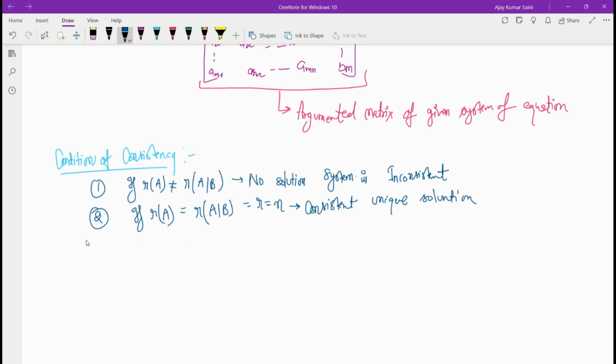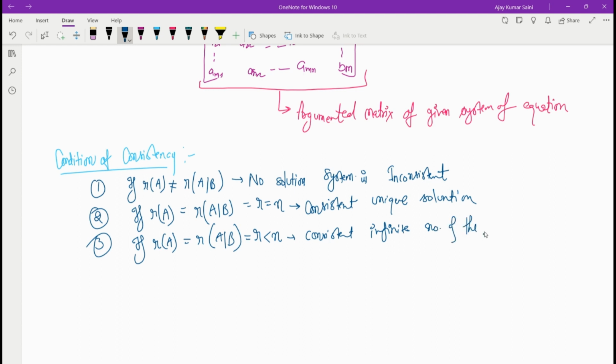And the last point of this topic: if the rank of A is equal to the rank of A b, equal to r, and r is less than n, then it is consistent with an infinite number of solutions.